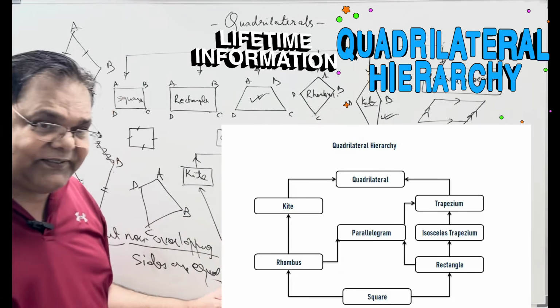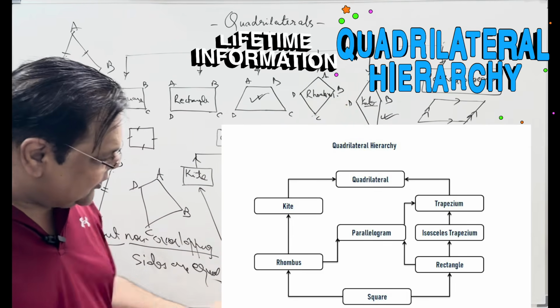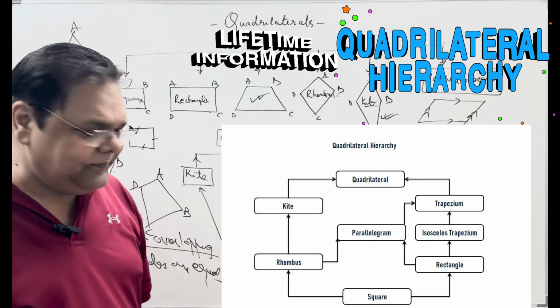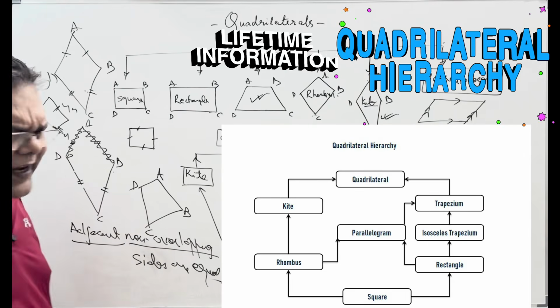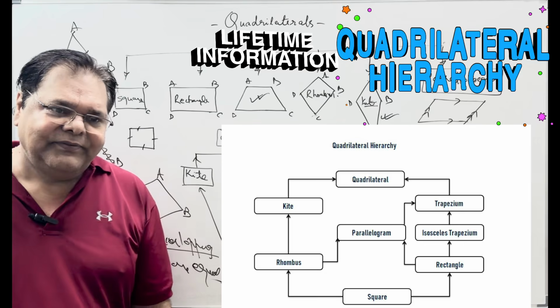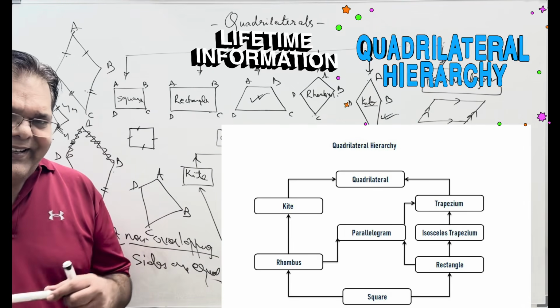A square is a rhombus. A rhombus is a parallelogram. A square is a rectangle, and a rectangle is a parallelogram. Let's see what a trapezium is. Again, one line definition: any quadrilateral with one pair of opposite sides parallel.